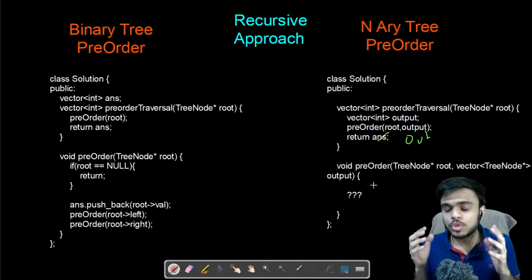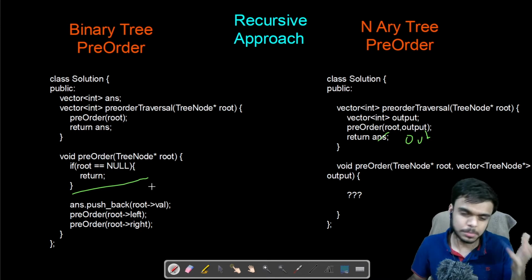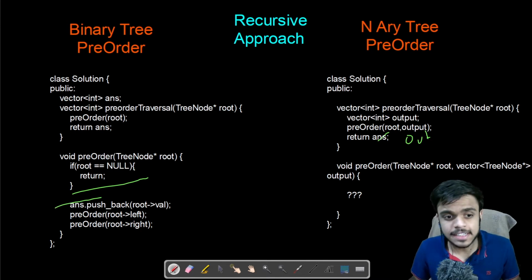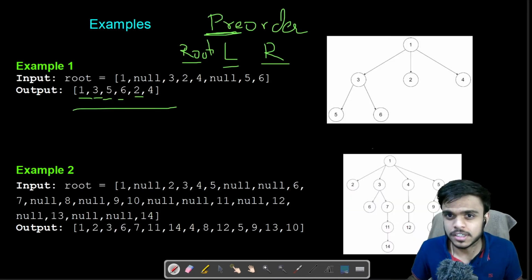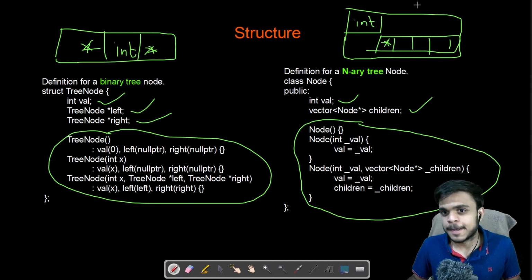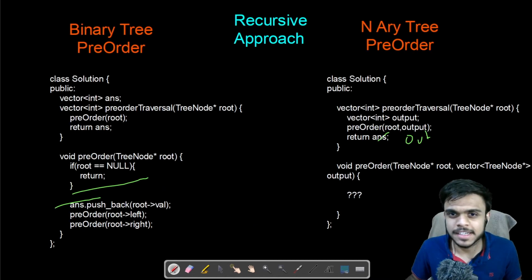So what would our helper function do? The first check, that is if root is null, would be the same. The second thing, that is adding the value of the current node into the vector, also would be the same, because we saw that in our n-array tree node we have an int variable as in our binary tree.